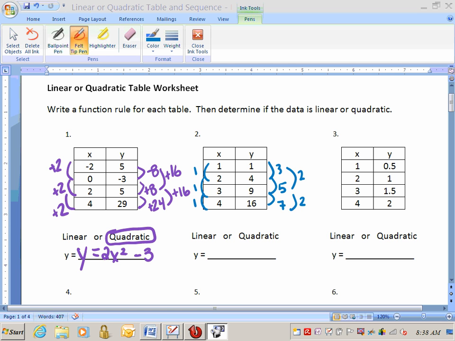Is it linear or quadratic? Quadratic. So go find the equation.